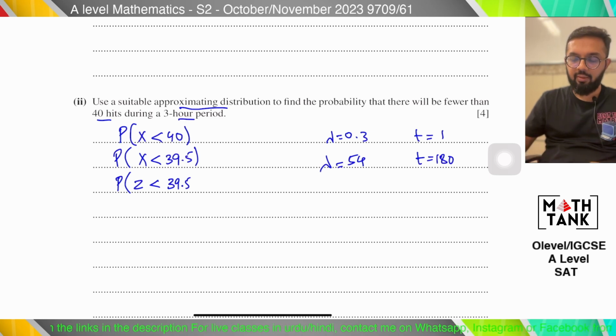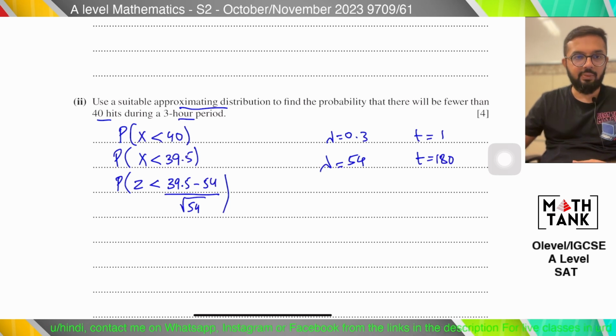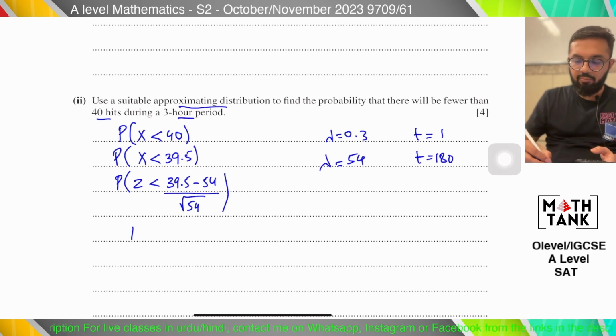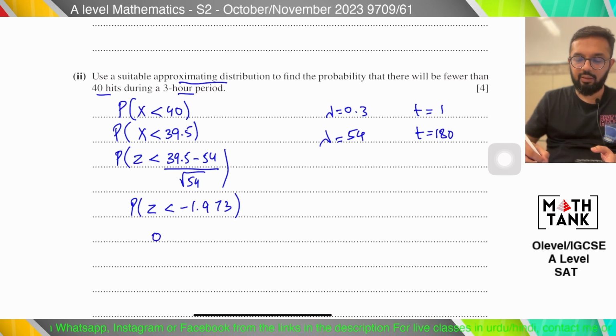Okay, what's my mean? My mean is lambda, and my variance is also lambda. So 39.5 minus 54 divided by root of 54 gives me probability of z is less than minus 1.973. So that becomes 1 minus phi of 1.973.